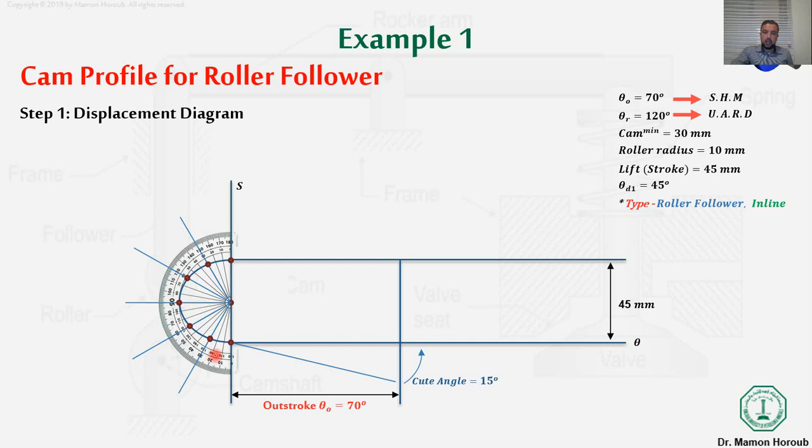Then once I divided the half circle into 6 pieces, I need to divide this period also into 6 pieces. Here I have 70, so if I divide 70 over 6, I will find 11 point something, and you can just, using the ruler, put your dots.